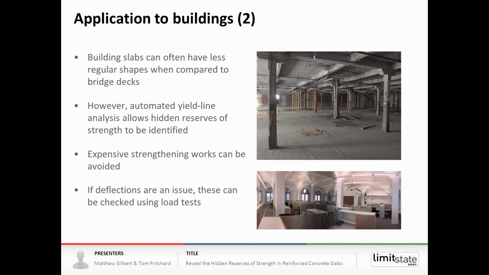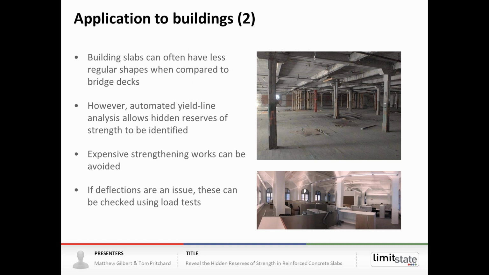So if you want to move some plant from A to B, rather than have lots of expensive props or other measures to allow that piece of plant to go across a slab, you can use the yield line method to verify that actually that's a safe thing to do. In terms of existing buildings, deflections can always be checked just using load tests.